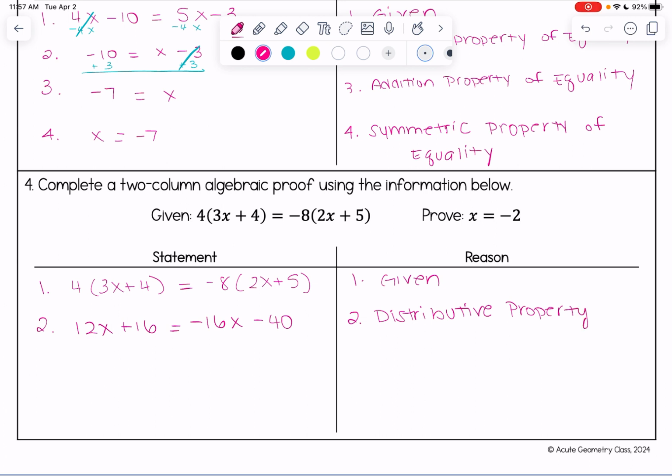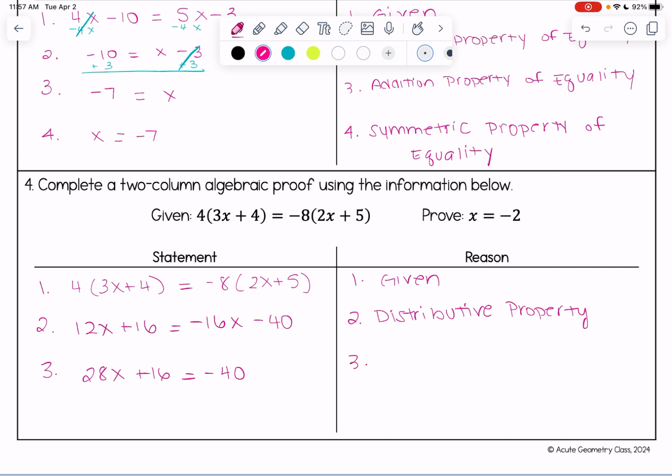Similar to the last question, now I would get my variables on the same side as one another. So that would give me 28x plus 16 equals negative 40. I'm choosing to move my variables to the left side of the equation. You could potentially do it the other way, and that would change your reasons throughout. Just want to mention that.